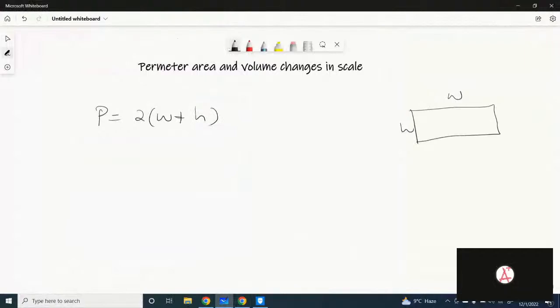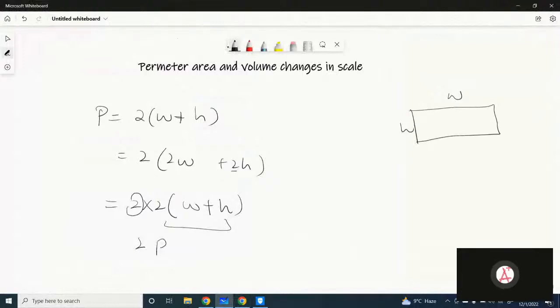When you double them, the width is doubled and the height is doubled. You can take the common factor outside, it would be 2 times 2 times width plus height. So actually it is 2 times the original perimeter.